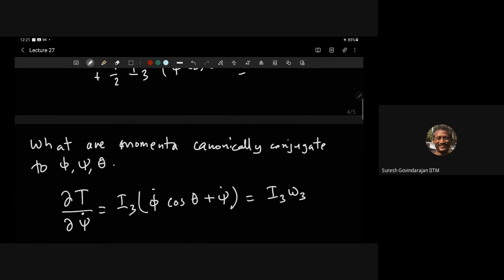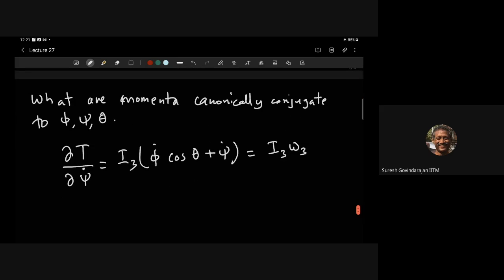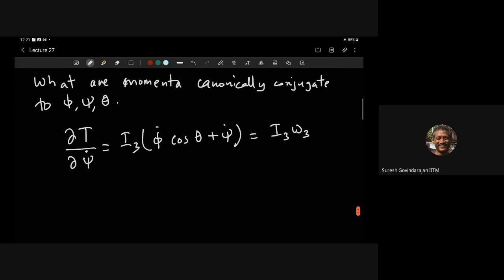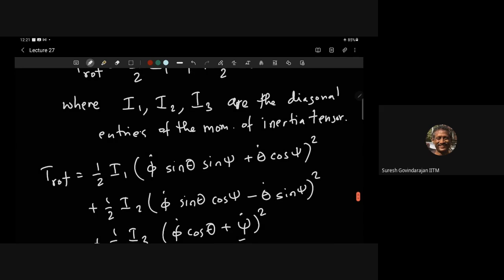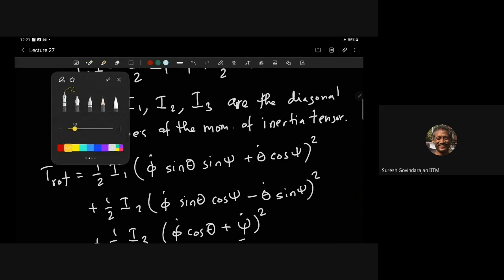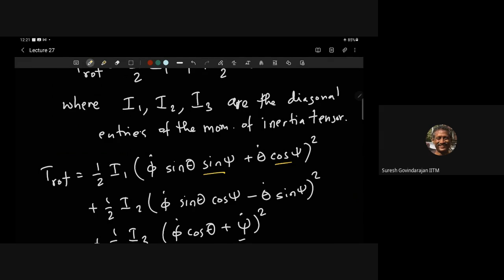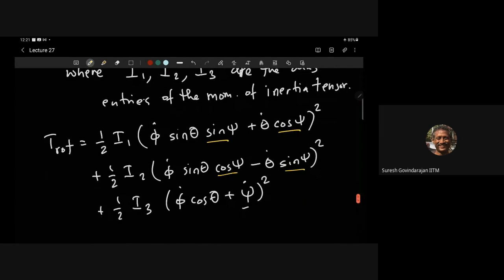While we are at it, let's also write the equation of motion for the psi variable. dT by d psi is slightly messier because psi appears in several places. Let's underline all those places. Psi comes here, here. You can't simplify things further. If I1 were equal to I2, then you could use some identities, but right now we cannot do any simplification.